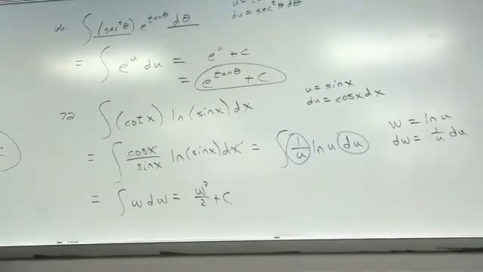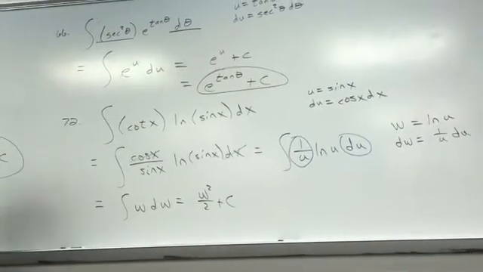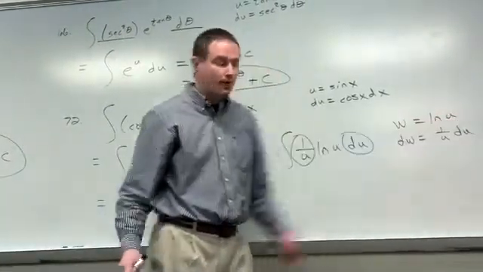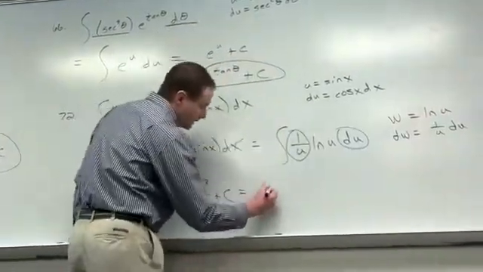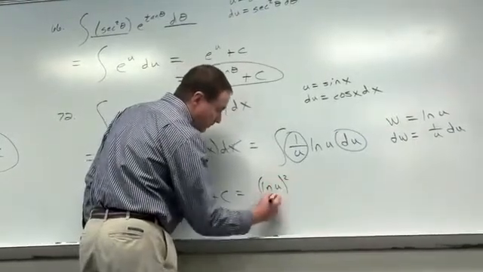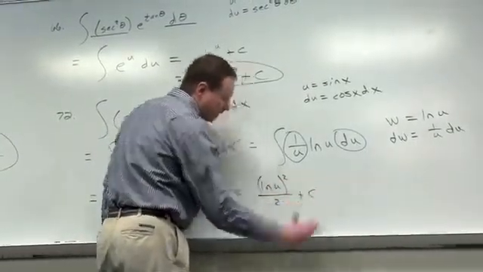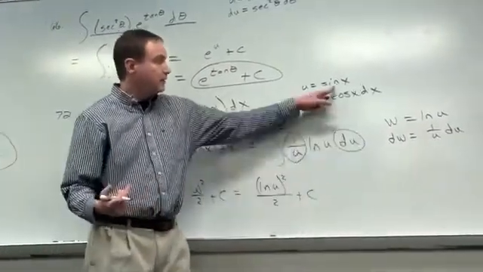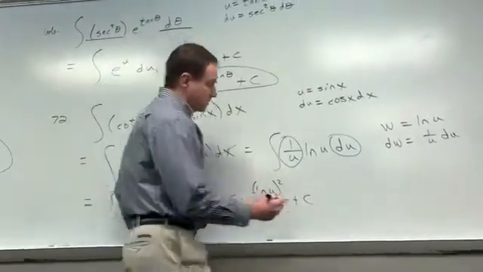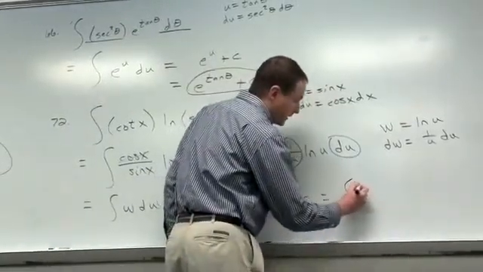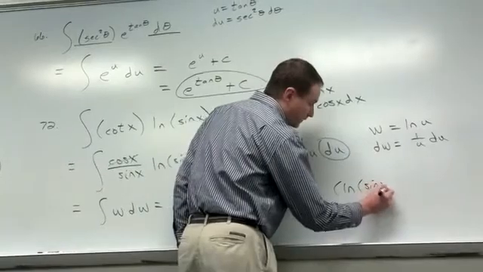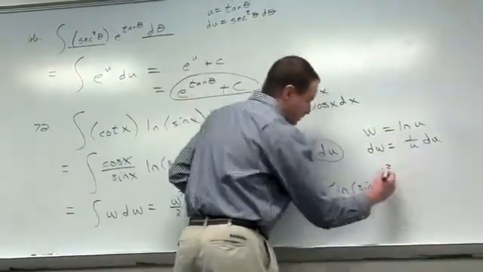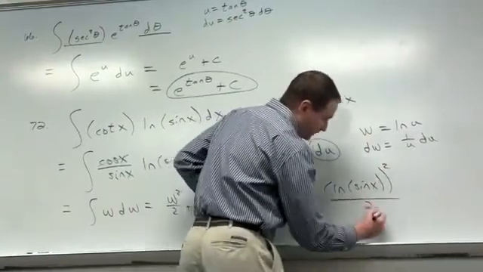And then if you say, well, what do we do from there? Back substitute. W was equal to the natural log of u, so this is going to be the natural log of u quantity squared over 2 plus c. And then back substitute one more time. U is equal to the sine of x, so our final answer is the natural log of the sine of x, all of that quantity squared over 2 plus c.